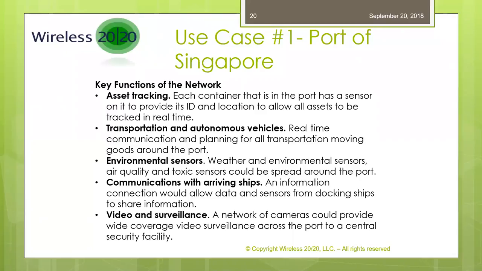In the first case, asset tracking, if we have an ID sensor for each container, that's probably a very low bandwidth implementation. But if we look at tracking and controlling autonomous vehicles, that's a high bandwidth application. So as we look at what we can do here, we'll probably look at a mix of those.